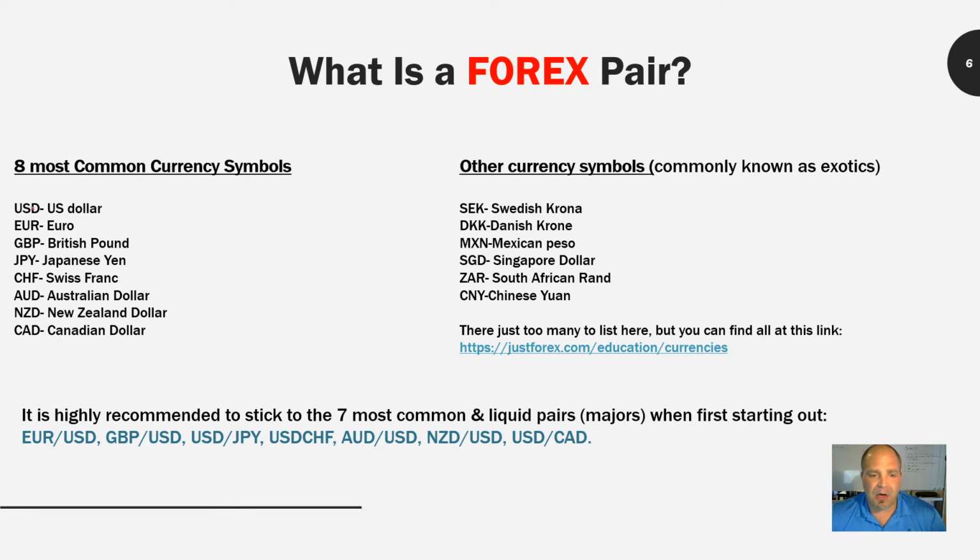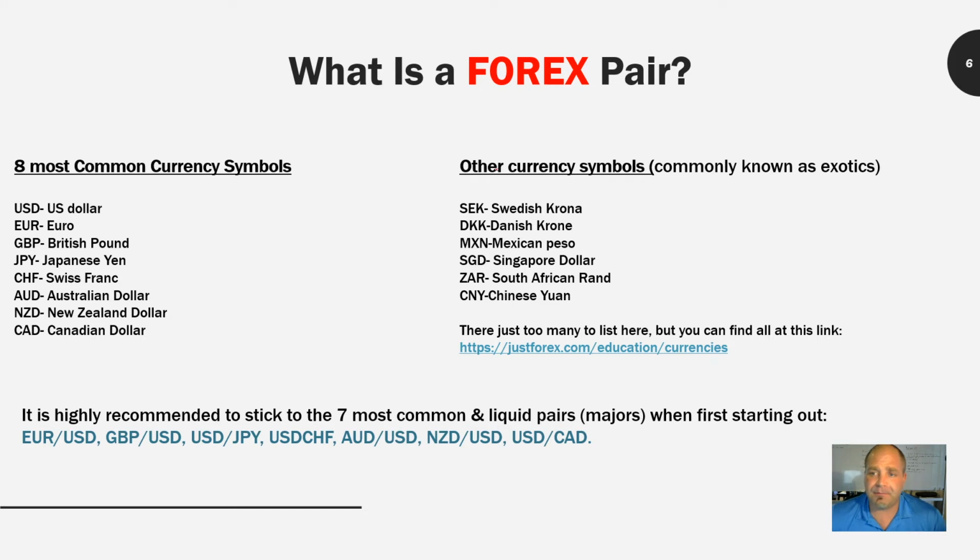Now, what we call the majors are all of these pairs to the US dollar, because the US dollar is revered as the base currency. It has the strongest economy. This may shift down the road, but it's still looked at as very high demand, and most countries will even accept US dollars if you're over there. Lucky me, I'm an American, so it works out.